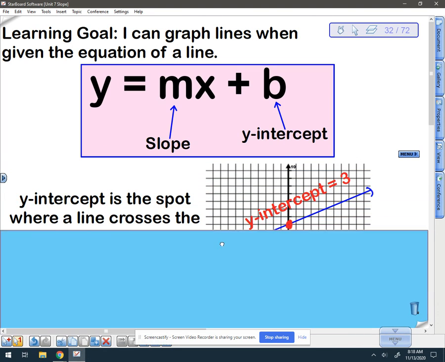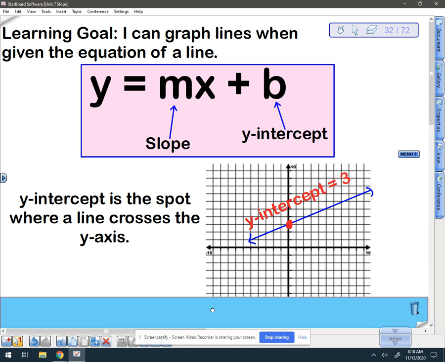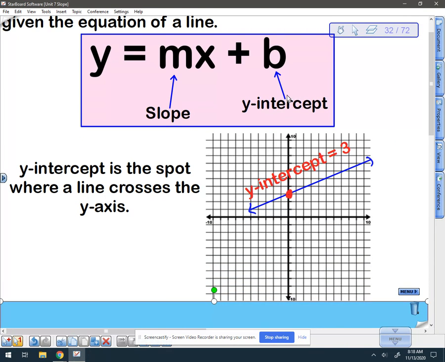So if we take a look, the y-intercept is pretty easy. The y-intercept is just the spot where a line crosses the y-axis. So you might want to pause the video and write down what's in this box. Y equals mx plus b. M is always going to be the slope.